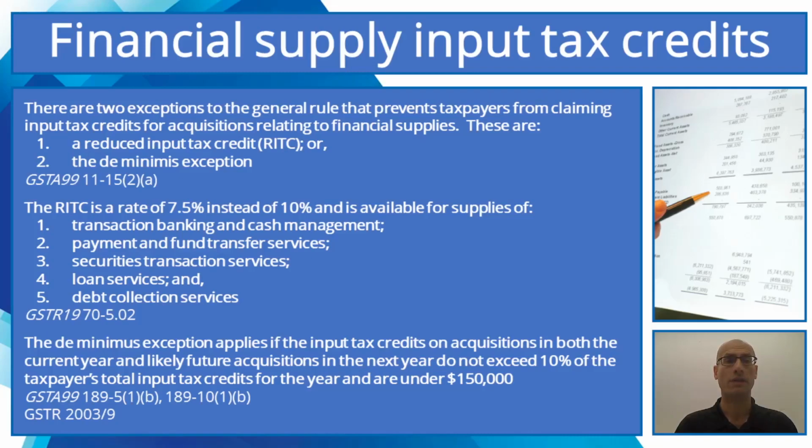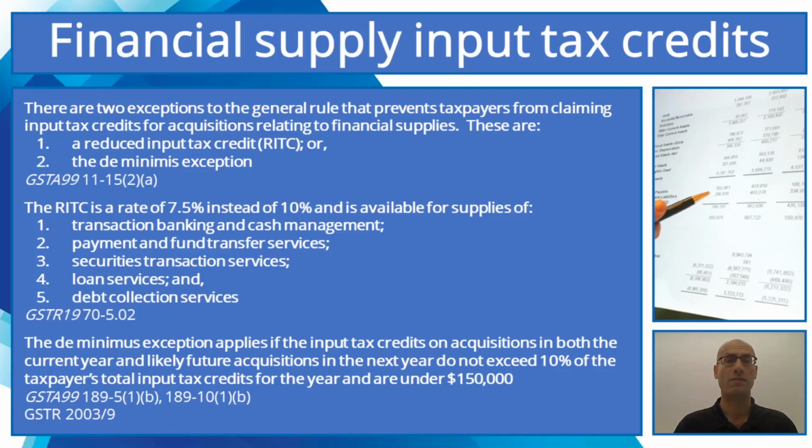So these things apply if you're creating these forms of supplies. You can get a reduced amount of input tax credit in regards to those businesses. Now, there is another exception to this, which is the de minimis exception.